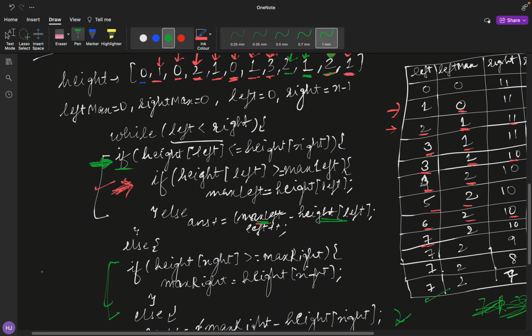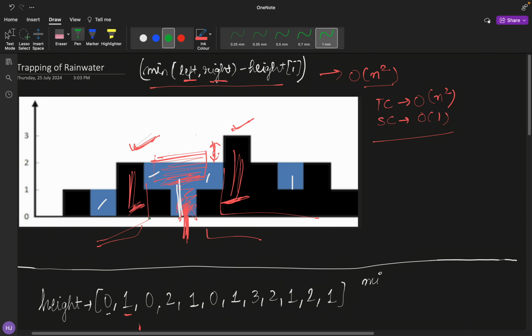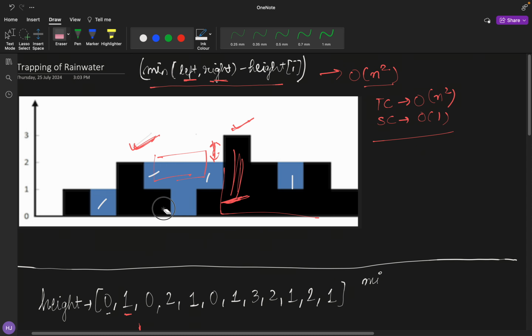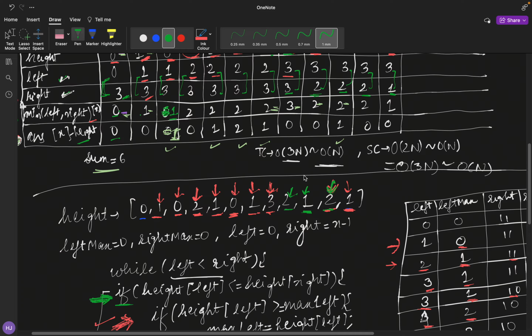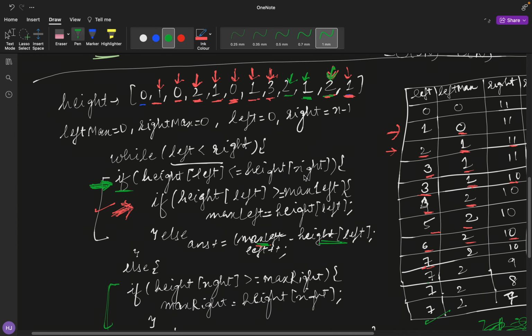That's what is visible in this image that I have shown at the very beginning of this question. Since there exists a taller building at the right, the building of height 3 is taller than the building of height 2, that's why we are able to store the water. And that's why we have put this check of height of left less than or equal to right. And in this way we will approach.